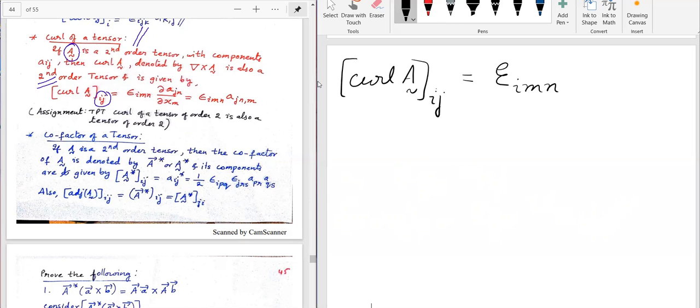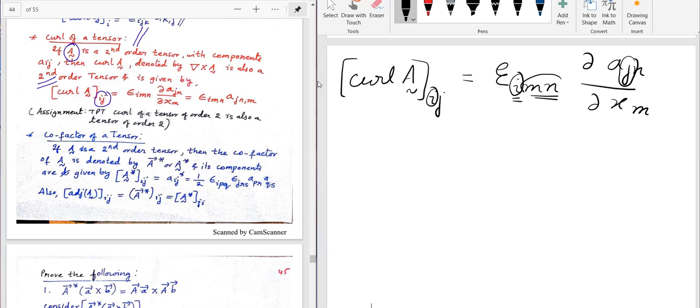So I put i here. Then dou a jn by dou x m. Fine. So here is i and here is j. m and n both are dummy.